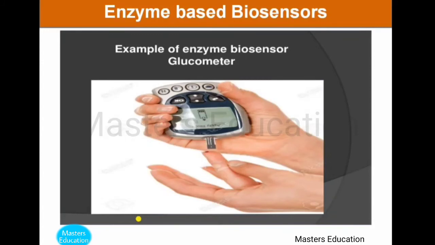Now, we will learn about a basic enzyme-based biosensor called the glucometer, which is portable and can be used easily by anyone to know his or her blood glucose level. This is a picture of a glucometer.